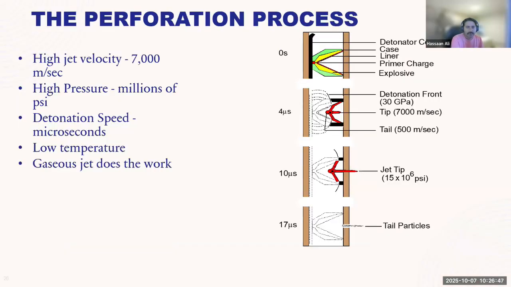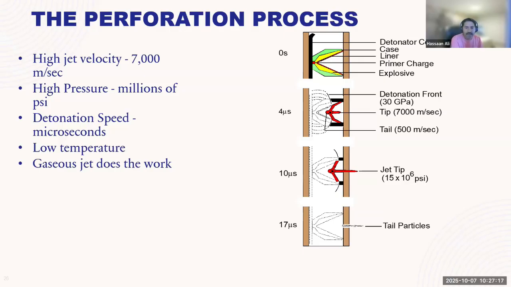So I talked about the perforating in a very simplistic manner. What you can see is the time by time evolution of that perforating process. At 0 seconds, you detonate the charge. At 4 microseconds, the charge would interact with the tubing.